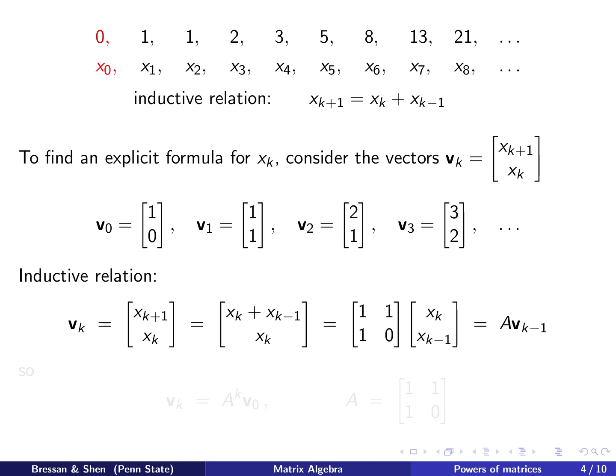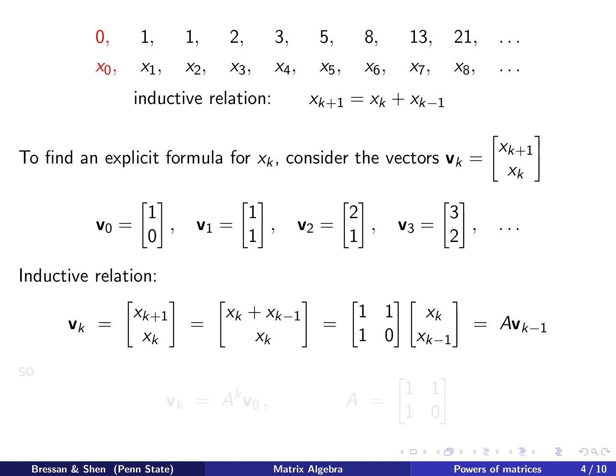We can now rewrite this inductive relation into this vector form. Vk, what would that be? That will be xk plus 1 here and xk here. Then we can use the relation xk plus 1 is xk plus xk minus 1 and write it like that. Then we can express this vector as a product of the coefficient matrix times the unknowns involved.